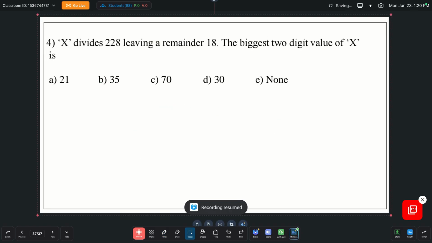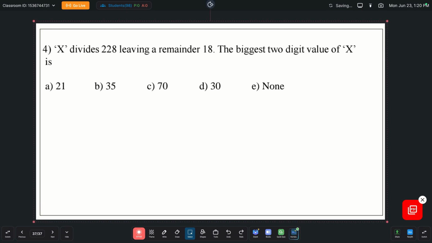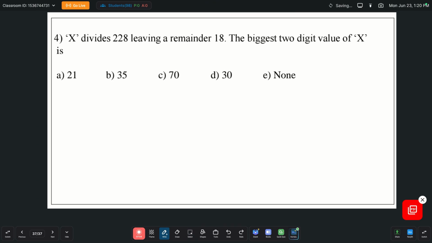X divides 228, leaving remainder 18. The biggest two-digit value of X is? So X divides 228 and leaves remainder 18.